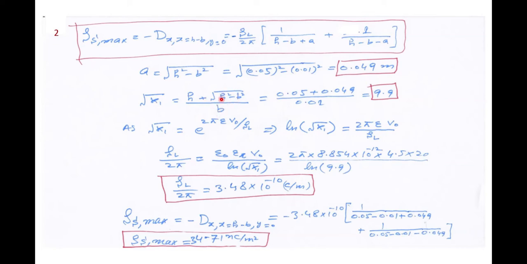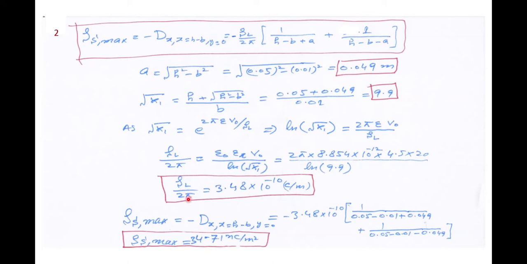Plugging in the values of h and b results in 9.9. The square root k1 is a dimensionless quantity. We obtained this relation in the last lecture. Using it, we can easily define the value of rho L over 2 pi, which is equal to 3.48 into 10 power minus 10 coulomb per meter.